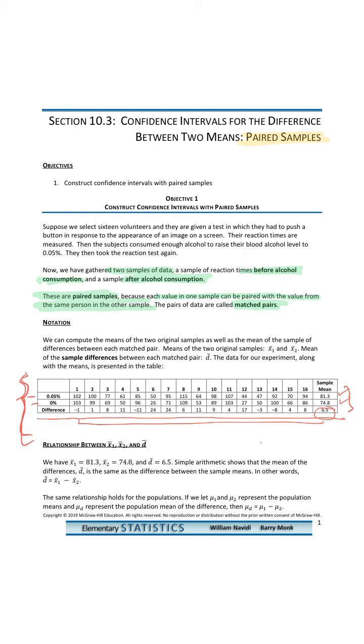Same relationship holds for the populations also. So if mu d represents the population mean of difference, that is same as the difference between the means.